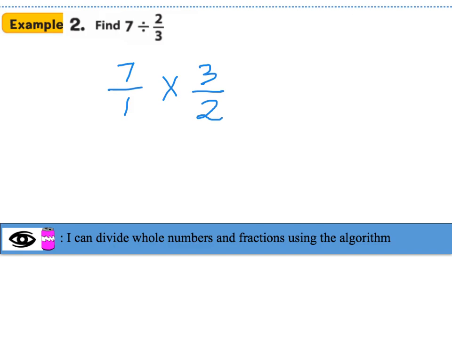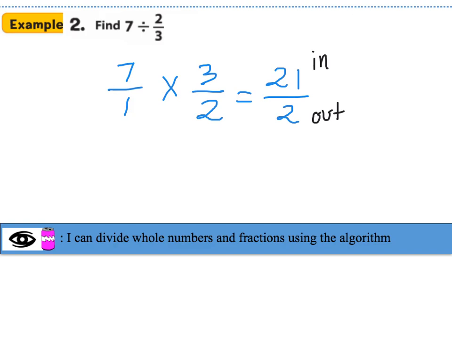We can't. So we're going to just multiply the numerators, 7 times 3, which will give us 21. Then look at the denominators. 1 times 2 will give us 2. And we can keep it as an improper fraction, or you can change it to a mixed number. To change it to a mixed number, the numerator 21 will go in, and the denominator 2 will go out.